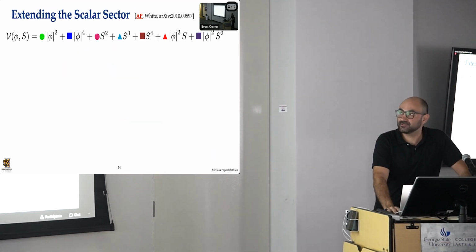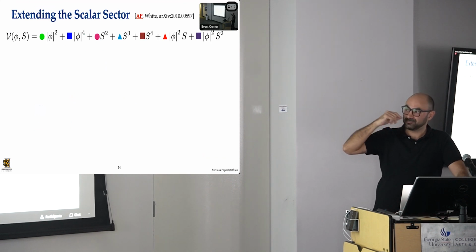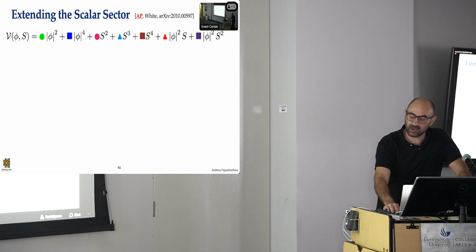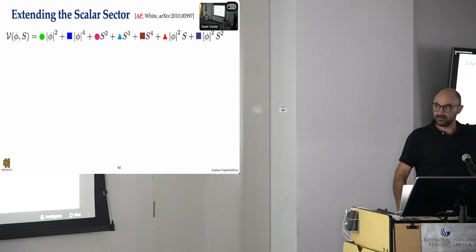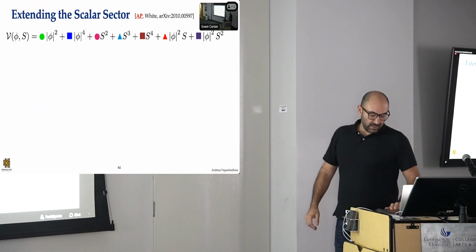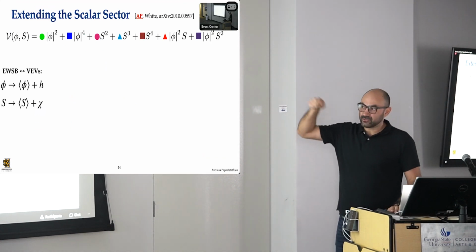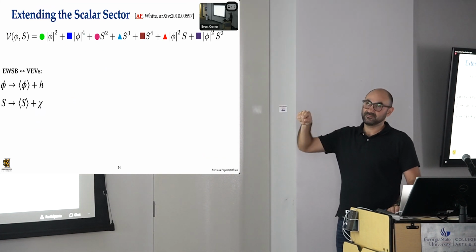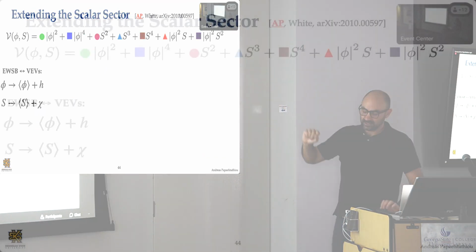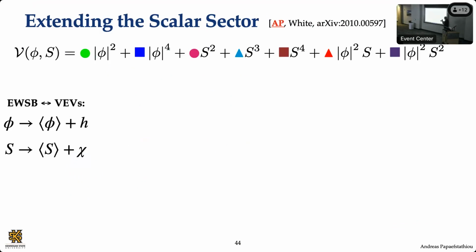Very briefly, what are the consequences experimentally of this? This is basically the whole potential for the two fields now. Well, you have to break symmetry again, right? We know that the Higgs field has a non-zero minimum. You have to go through the same procedure. That's electroweak symmetry breaking, VEV, which means vacuum expectation value. So basically this is expanding again, as we did for the Higgs field, expanding above the minimum.